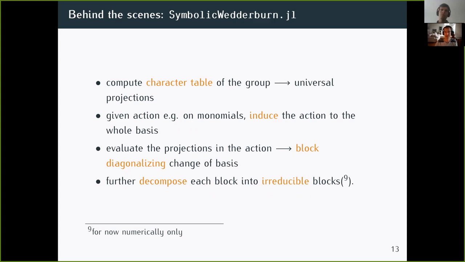So we extend this action to the whole monomial basis. And then finally, we evaluate these universal projections under this action to obtain matrix representatives. And this gives us isomorphisms to the particular blocks in this block diagonal decomposition. And finally, we decompose blocks which consist of several identical isotypical representations into further irreducible blocks, but at this moment this is numerical only.